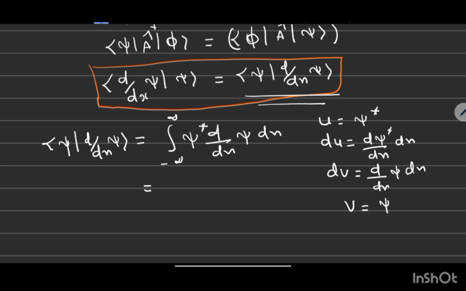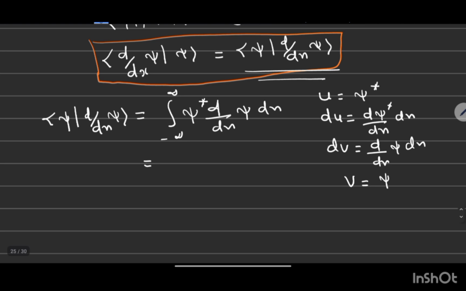Now using integration by parts, one can write this as uv, which is psi star psi from minus infinity to infinity, plus the integration of v du.